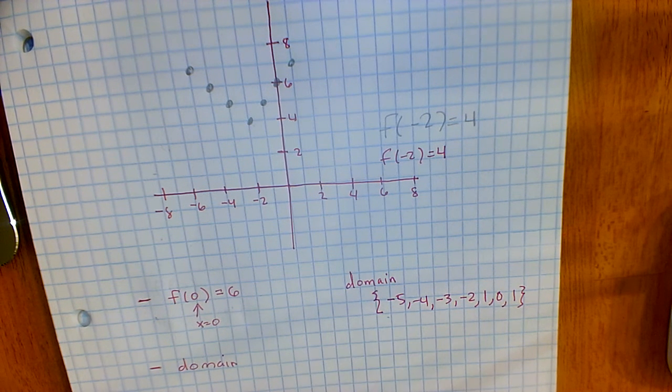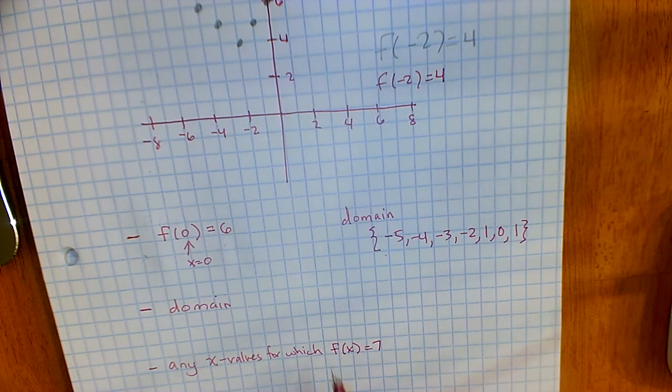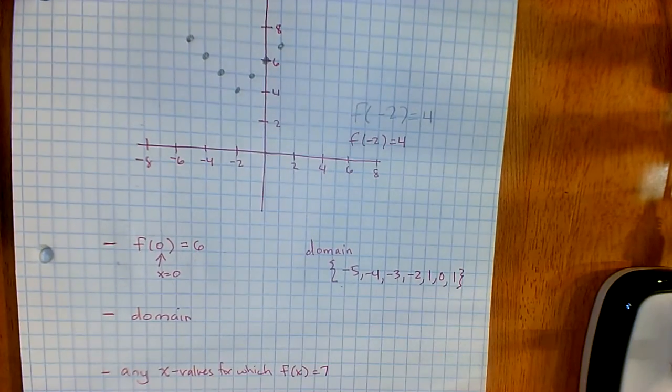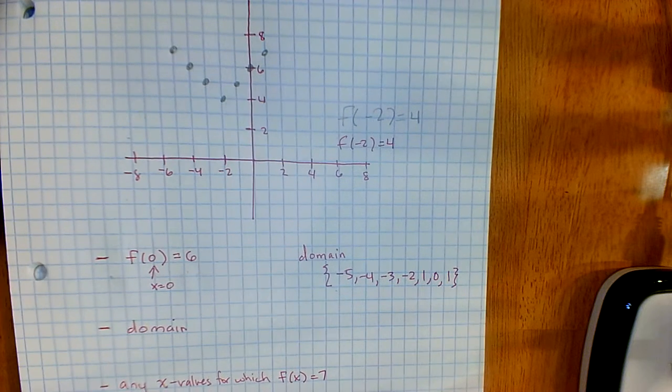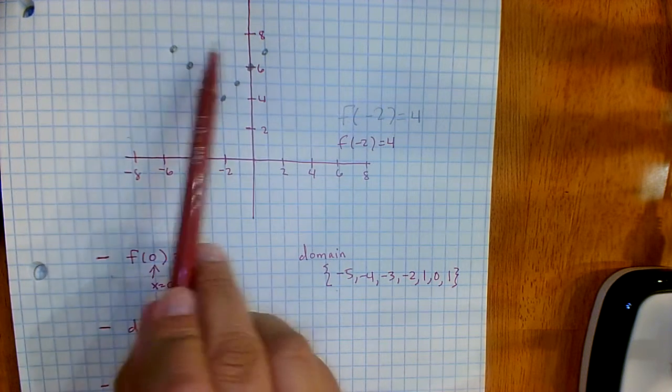It also asks for any x values for which the function f of x is equal to 7. And that's what the question looks like. I didn't do my paper very well. So what it wants to know is what x values do I need for my y values to come out to be 7. So y values of 7 would be up here.